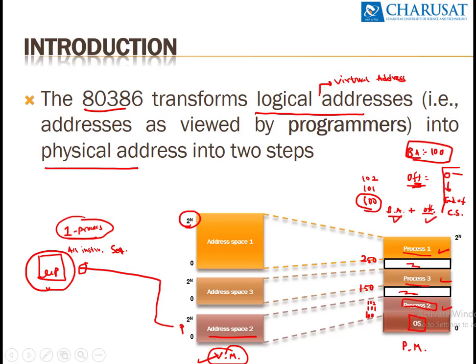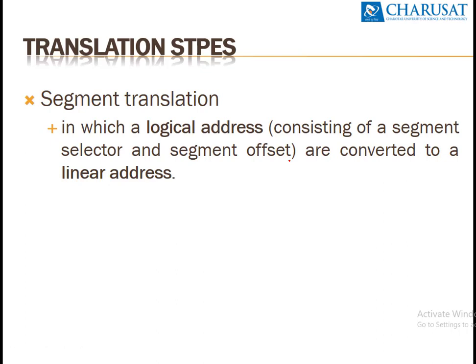Let's continue with our logical address to physical address translation. Logical address to physical address translation in 80386 is divided into two steps. The first step is segment translation, where the logical address is converted into an address known as the linear address. So a new terminology comes in with 80386.